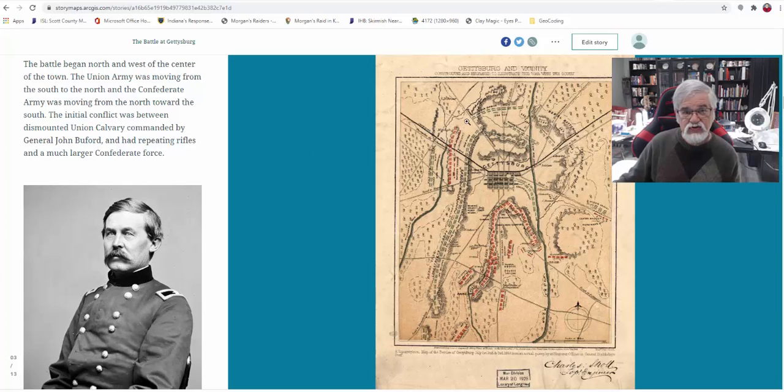And so the initial battle started in this area, expanded across the whole northern tier. Finally, the Union Army was routed, and they then occupied a position here on what's known as Cemetery Hill and over here on Culp's Hill.